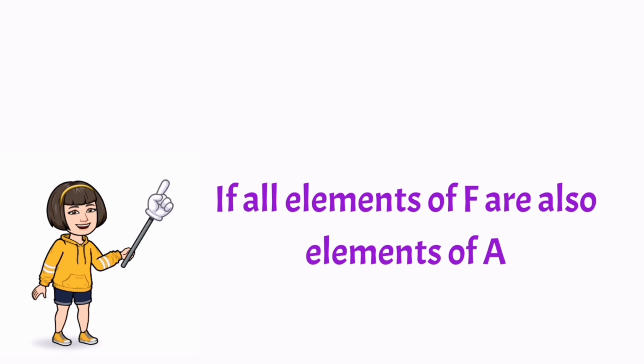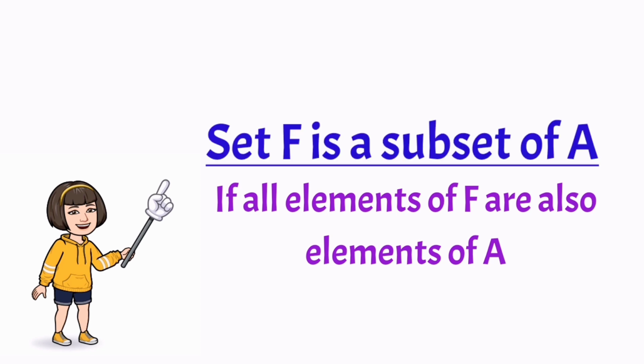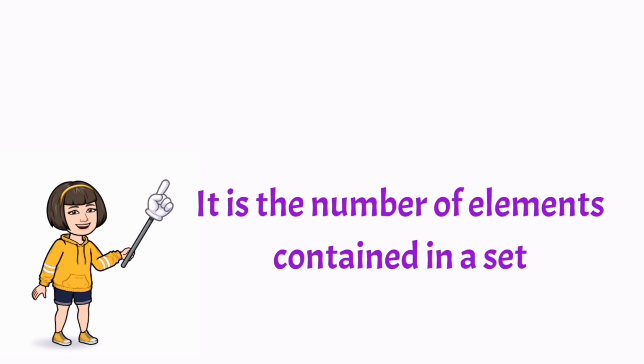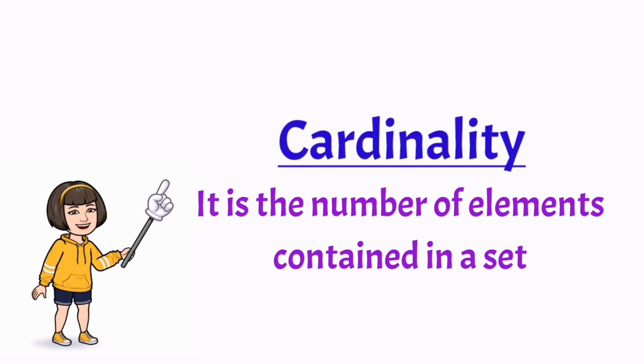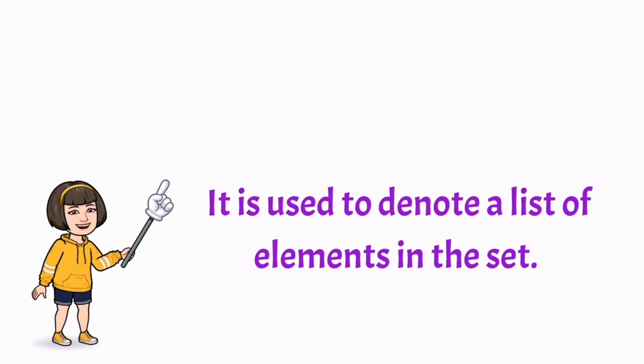If all elements of F are also elements of A, then set F is a subset of A. Cardinality of a set. It is the number of elements contained in a set.